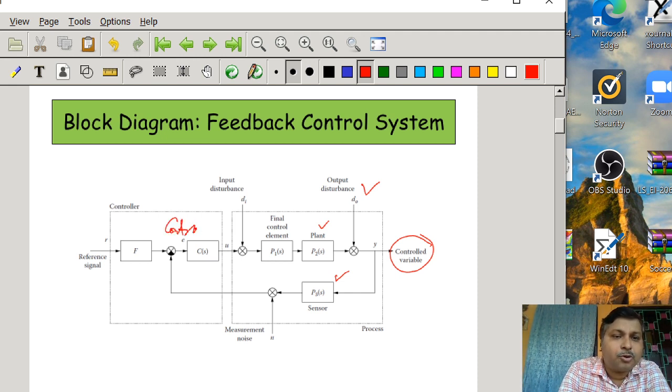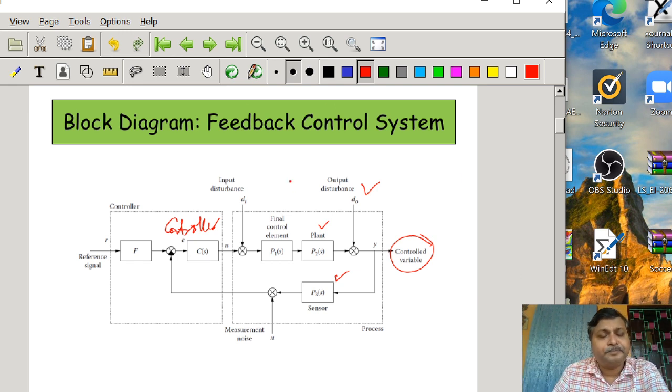The controller executes the control action, which is carried out by the final control element on the plant to maintain the control variable at the desired level, even if these disturbances are there. This is the work of any feedback control mechanism, which we already understood from the previous courses.